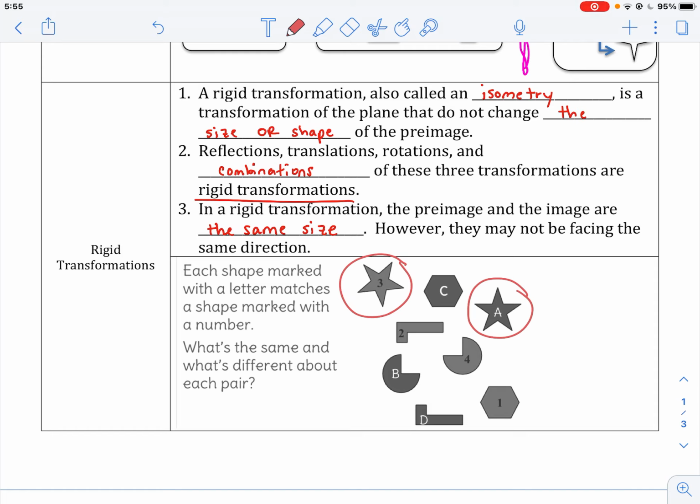They are the same size, they are the same shape, they're not in the same location, and they're also not in the same orientation. And by that I mean that we have a spike pointing up here, but we don't have a spike pointing up directly there. So we can tell that these have been rotated, which is just our vocabulary word for turning it.